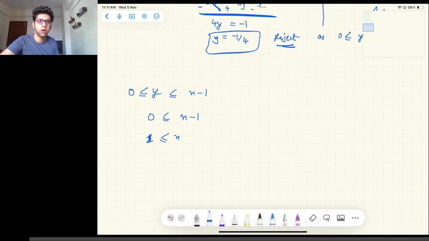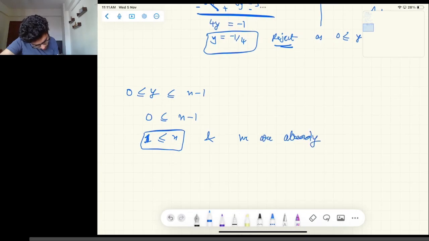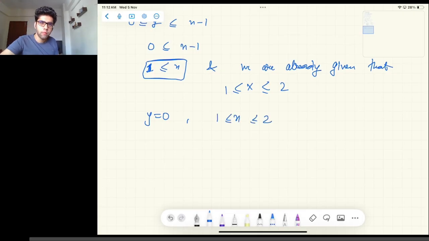If I just move 1 to the left hand side of the inequality, I'll be getting x is greater than 1. And we are already given that x lies between 1 and 2, right? So we can say that y is equal to 0 and my x lying between 1 and 2 is one of my points of concern, right?